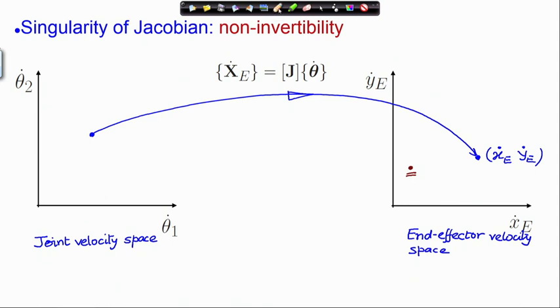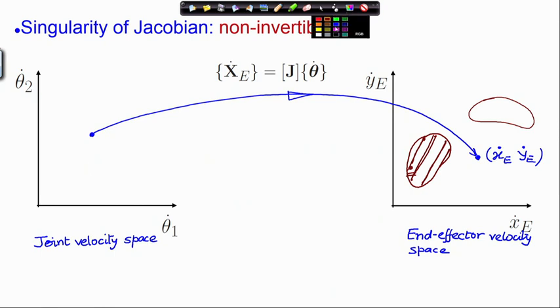So, which means that whatever you do, there will be certain regions, they may be connected or disconnected, that depends. So, in general there are regions in the end effector velocity space which cannot be mapped onto the joint velocity space. So, there is no point in the joint velocity that goes into these regions.